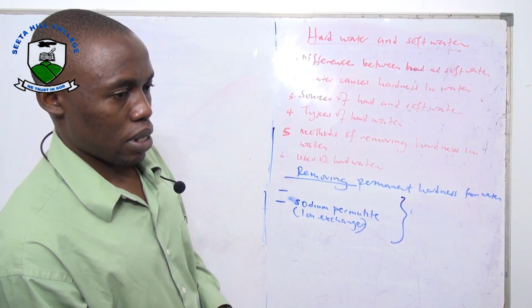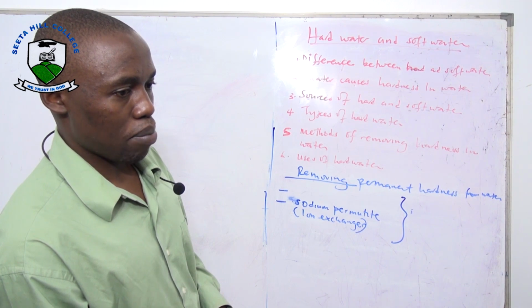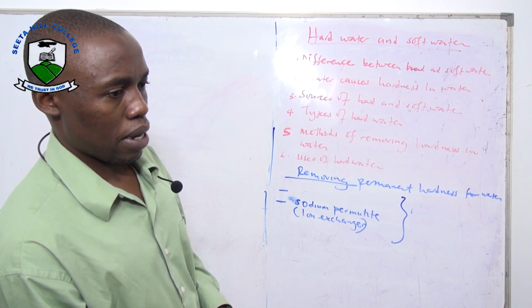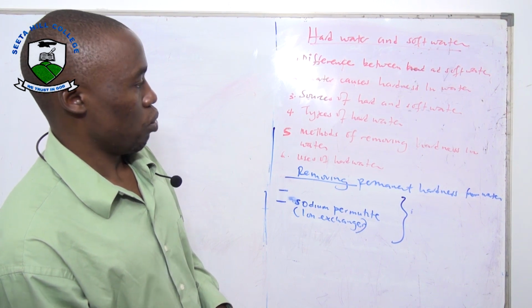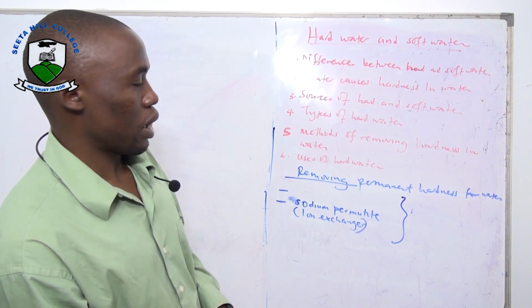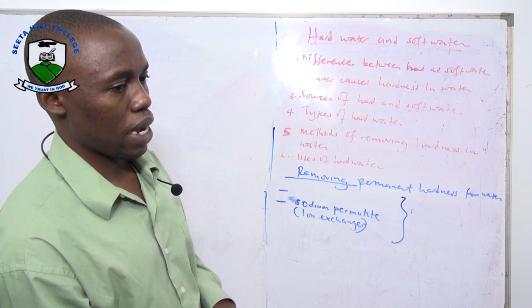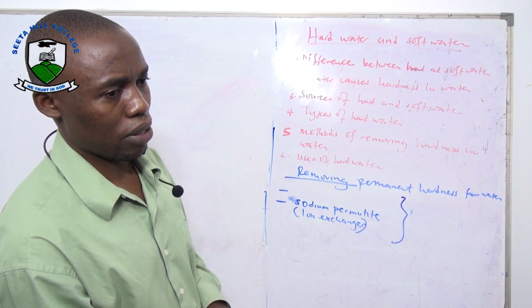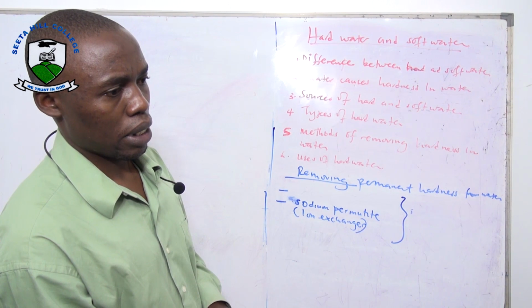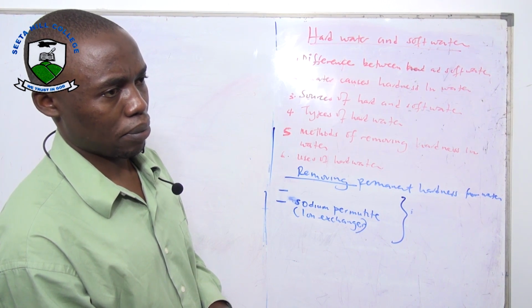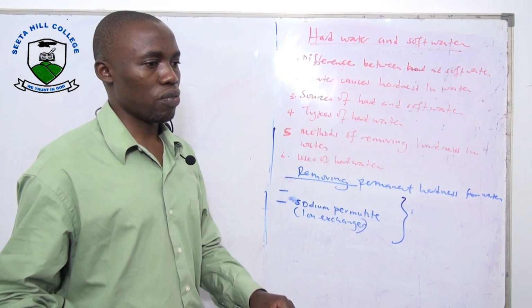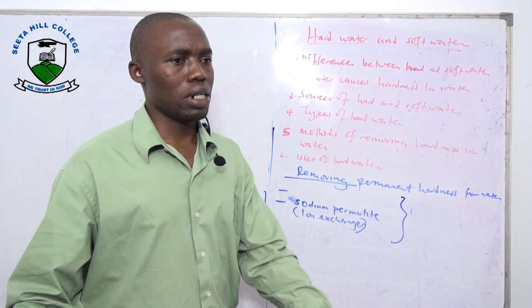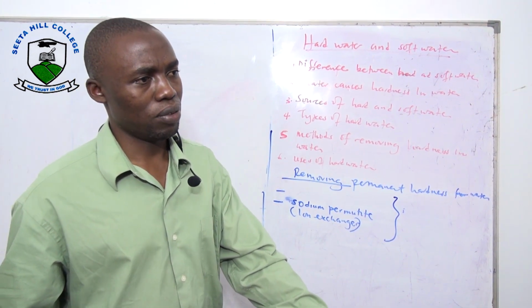Now let us try to summarize. We look at the uses of hard water, and finally we shall compare hardness: how do we compare the hardness of borehole water, tap water, etc.? Now, uses of hard water. Is that water really useful?